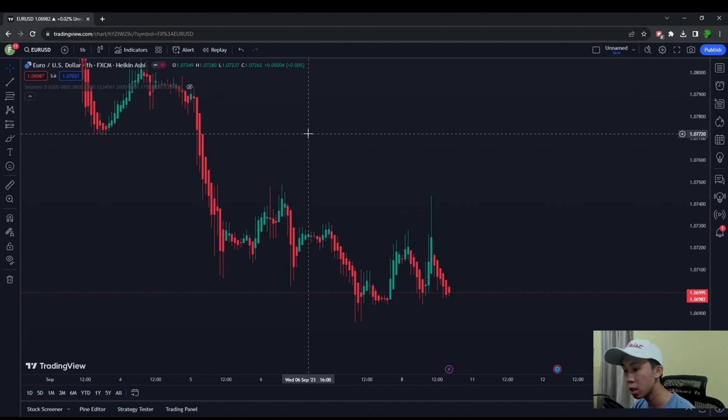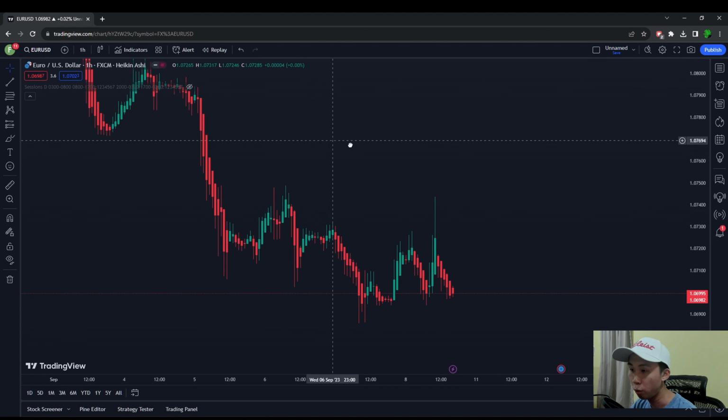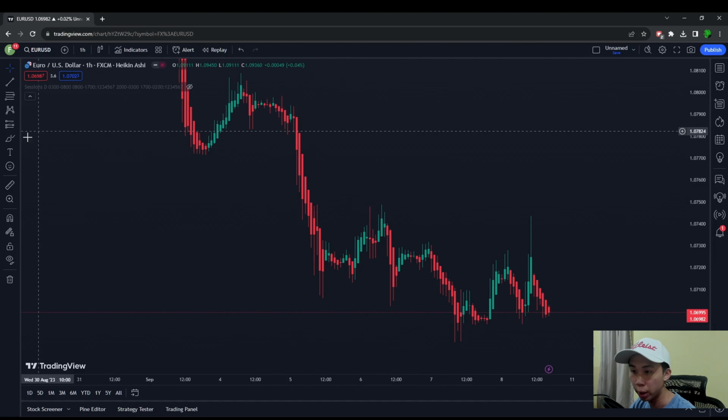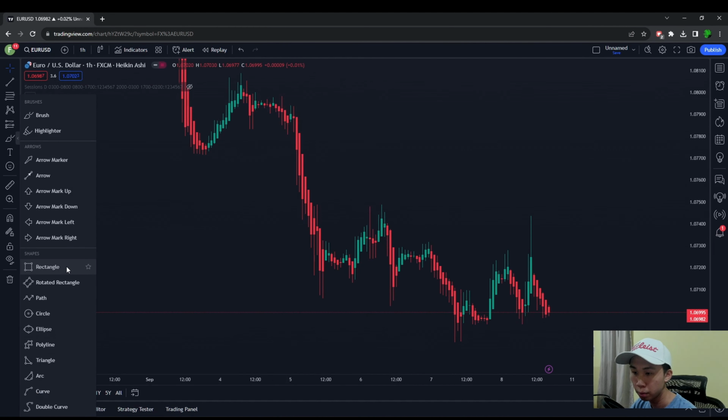What are the reasons some traders prefer Heiken Ashi over the common candlestick? For example, if we take this area, let me use a rectangle to shape out this area. This is a Heiken Ashi candlestick layout.